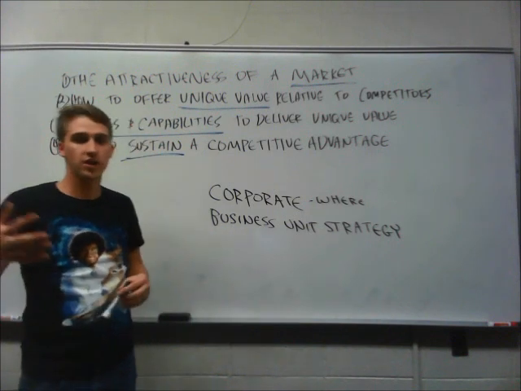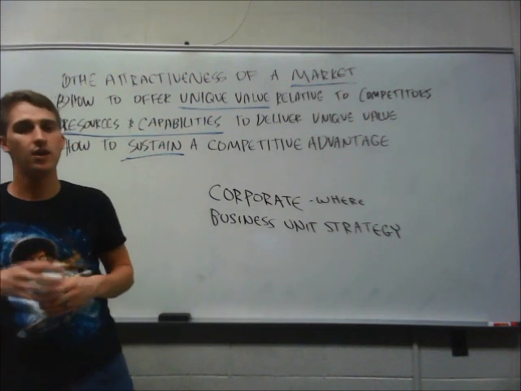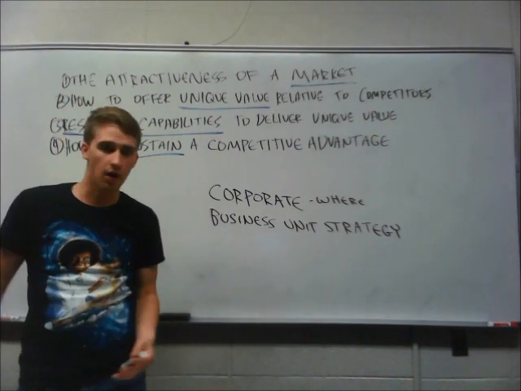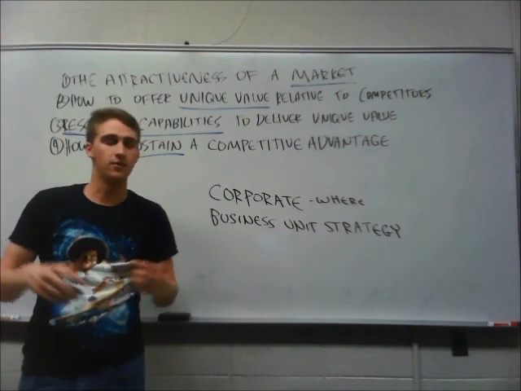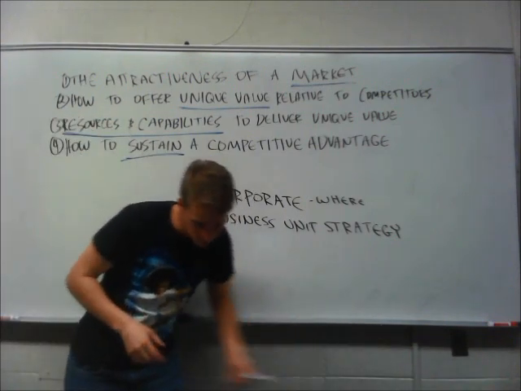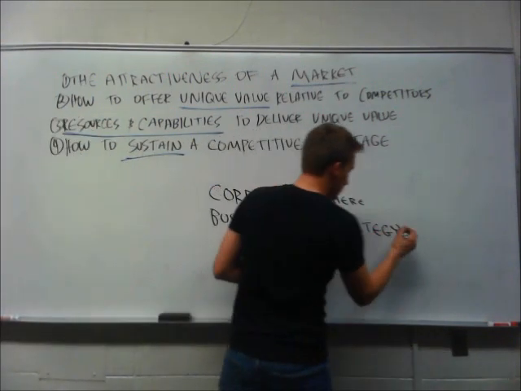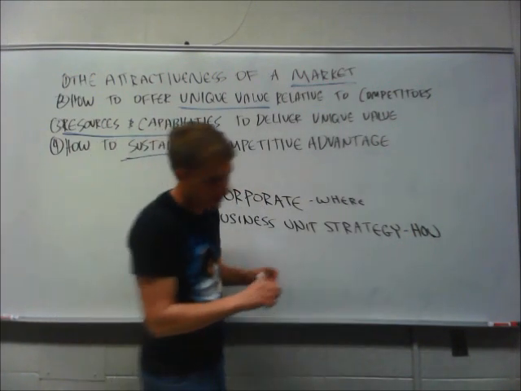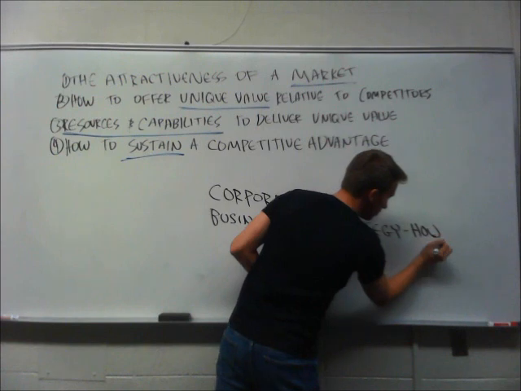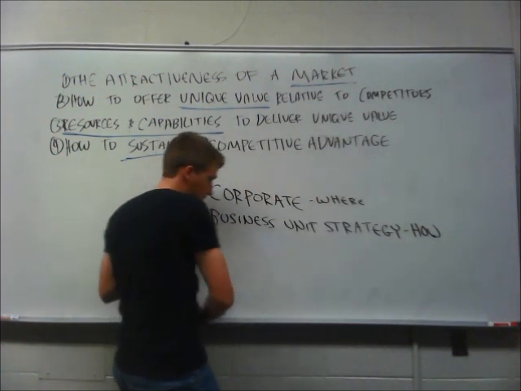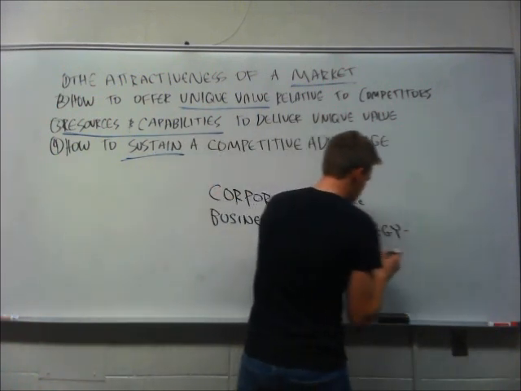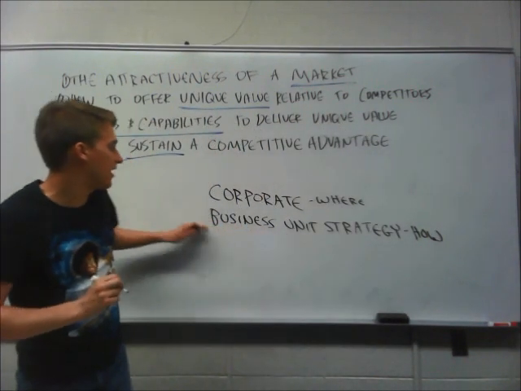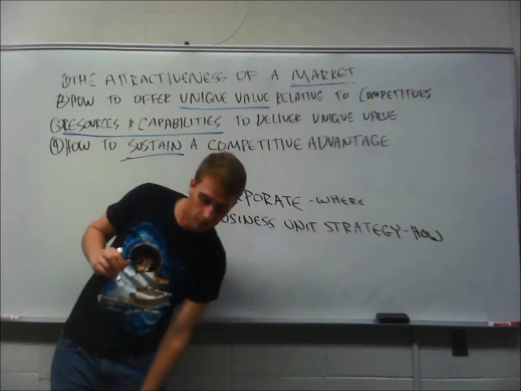Corporate tells them, if it's Subway, we want you to provide these sandwiches. We want to do a $5 footlong thing. But anyway, it's up to the business unit strategy to figure out how to compete, how to take the corporate strategy and apply it to their own business.